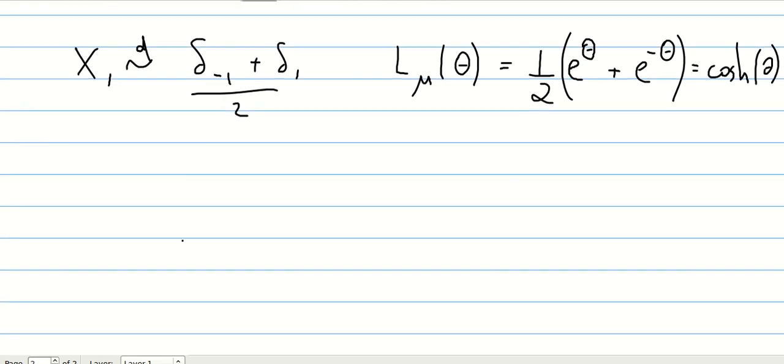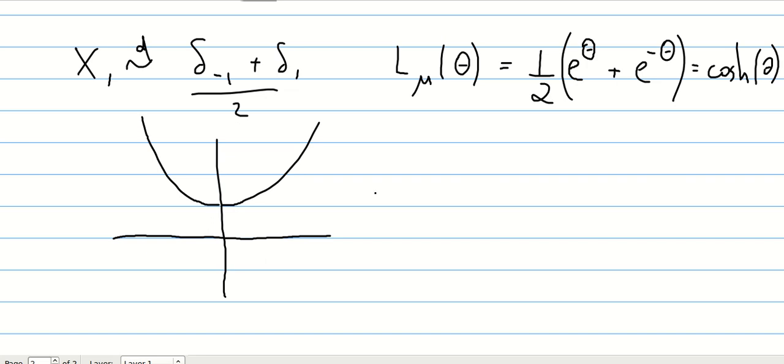And if we plot it, this is what we get. It has exponential growth in both directions, plus and minus infinity. It hits 1 here, as always, because the expectation of e to the 0 is 1. It's a convex function going to infinity in both directions.